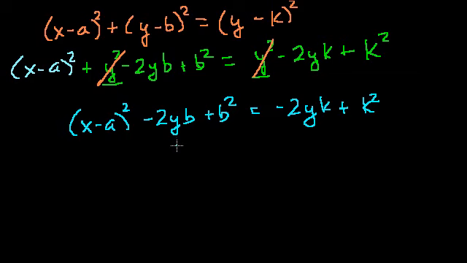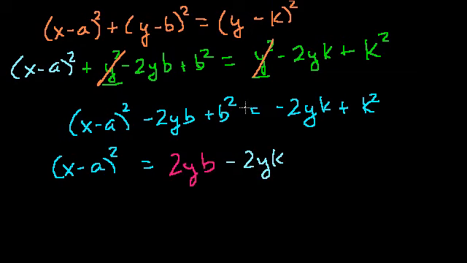What can we do? Let's take all the y's and the constants on one side of the equation. If we move both of these terms onto the right-hand side, we add 2yb to both sides, so we get x minus a squared is equal to 2yb, and then minus 2yk, and then we're subtracting b squared from both sides, so it's minus b squared plus k squared.